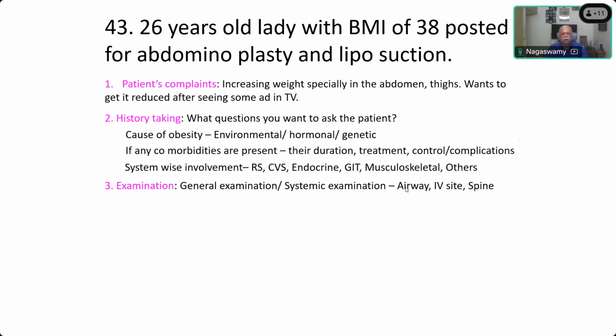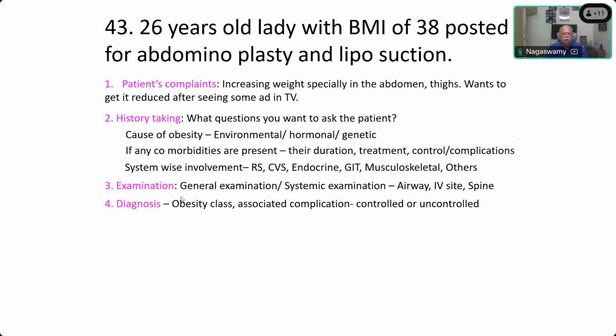All these things can be described in this. Then the IV site is a very important thing, because IV access can be very challenging in an obese patient. And if you are planning for a central neuraxial blockade, identification of the spine would be very difficult in a very obese patient. Even to palpate the spinous process may be very difficult.